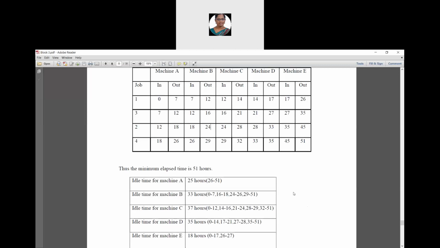Then idle time for machine A. It is calculated by using the formula total elapsed time minus last out value of machine A. It is 26. So 51 minus 26. It is 25.